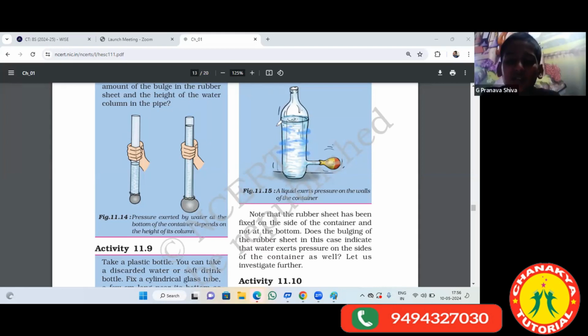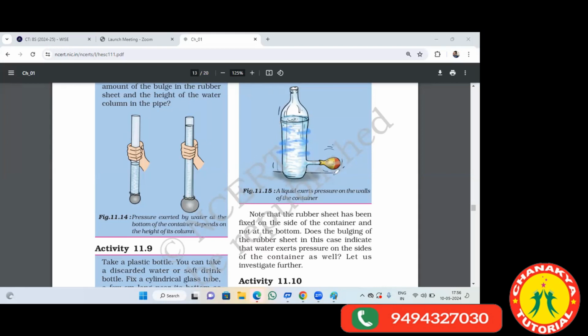To prove that, we have put a straw into the water bottle, and on that straw we have mounted a balloon. We observe here that the balloon expands. The expansion of the balloon shows that the water is exerting a pressure on the walls of the balloon. That is why the balloon expands.